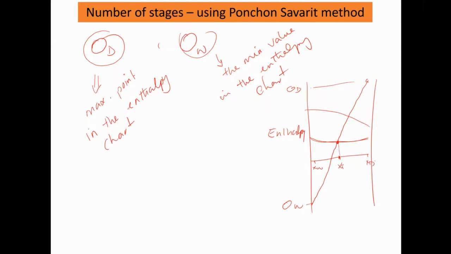So now I want to know my scale here, so I have to be careful, because if you start generating the scale before you know where exactly your OD, or at least a rough estimation of your OD and OW, you might not be able to draw OD.